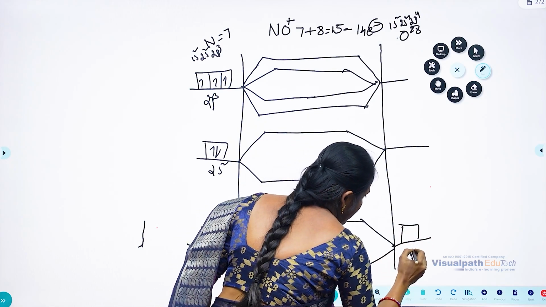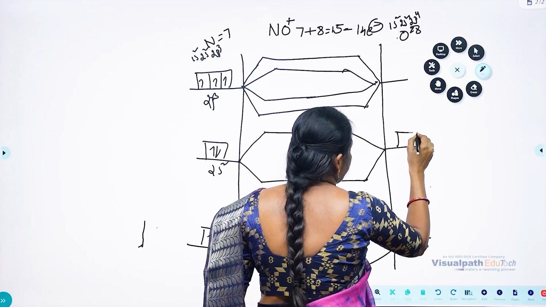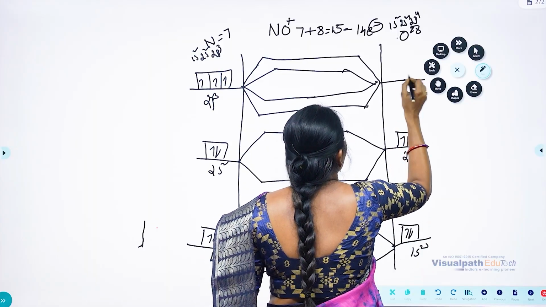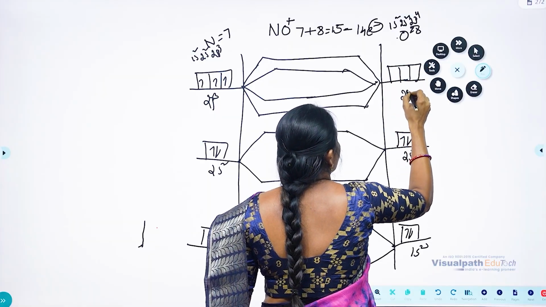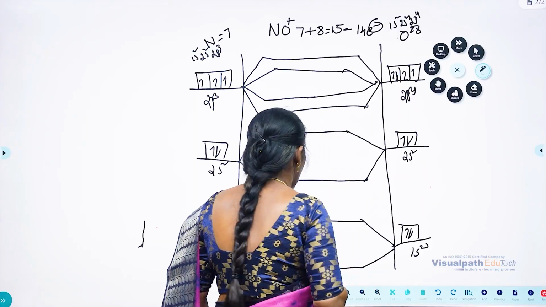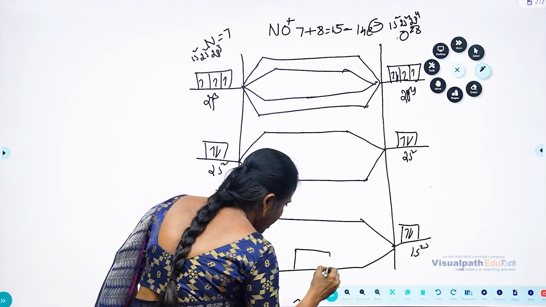It is the 1s2, it is 2s2, and here it is the 2p4. 1, 2, 3. Okay. Next we go to MOT, molecular orbitals.